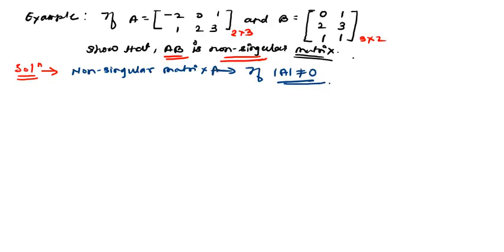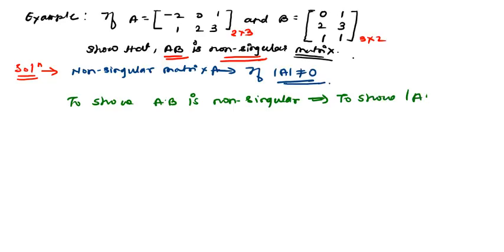So we need to show the matrix AB is non-singular. This implies we need to show the determinant of the matrix AB is not equal to 0.